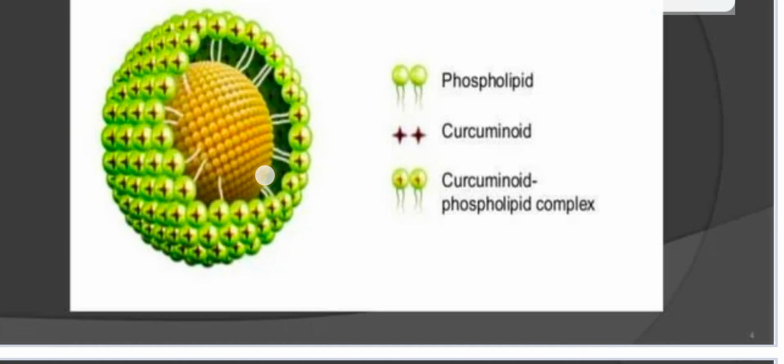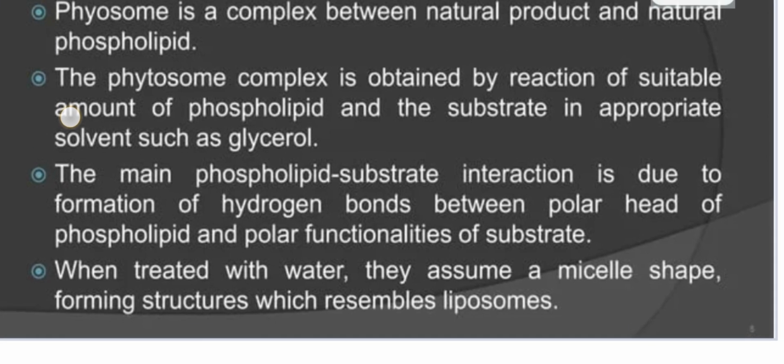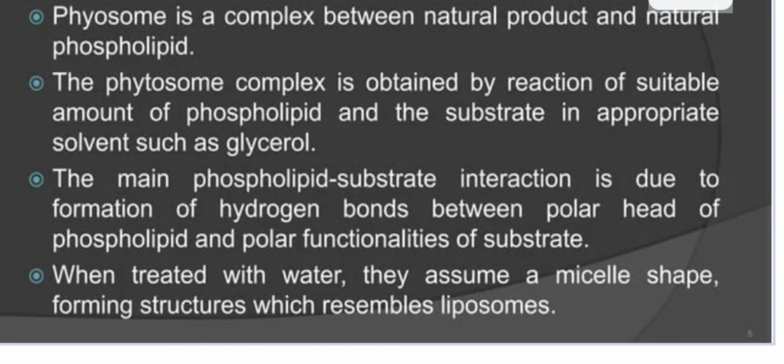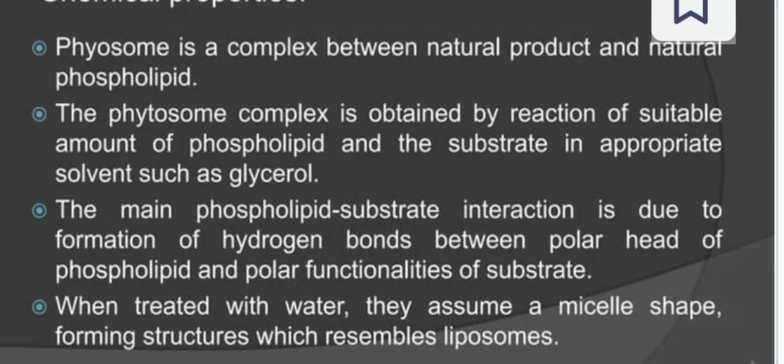Phospholipid-substrate interaction is due to formation of hydrogen bonds between the polar head of phospholipid and polar functionalities of the substrate. When treated with water, they assume a micellar shape, forming structures which resemble liposomes. So there are some differences between phytosomes and liposomes. We can discuss the difference in diagrammatic representation also.